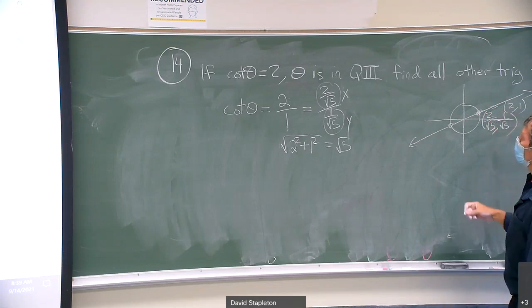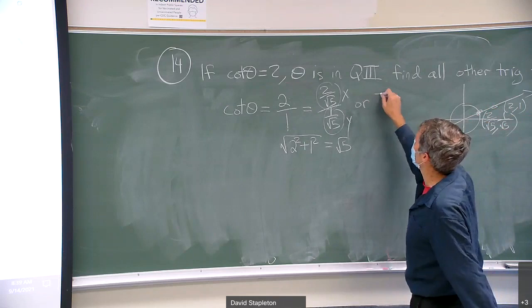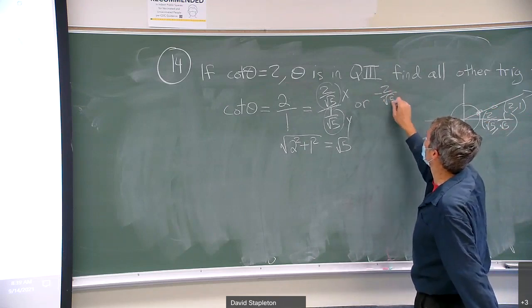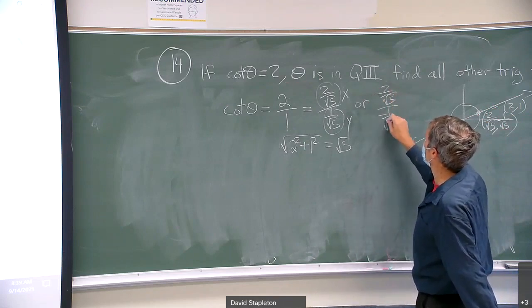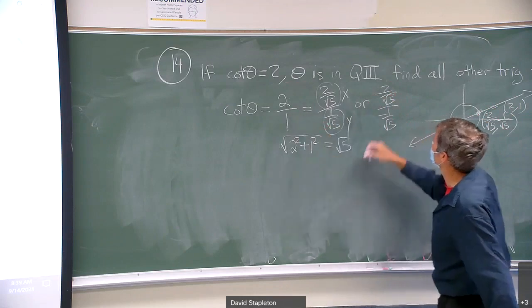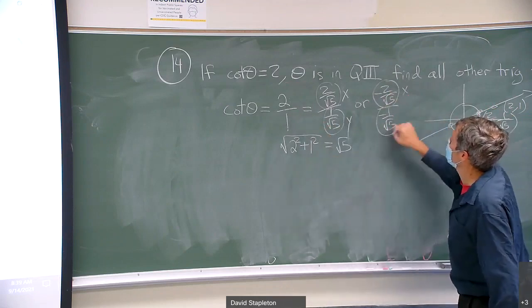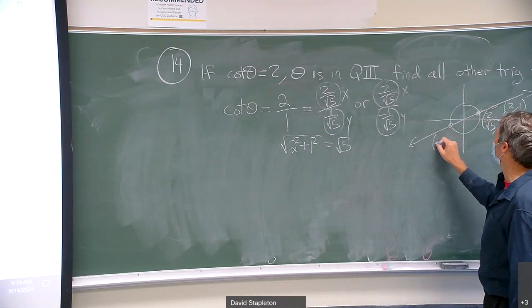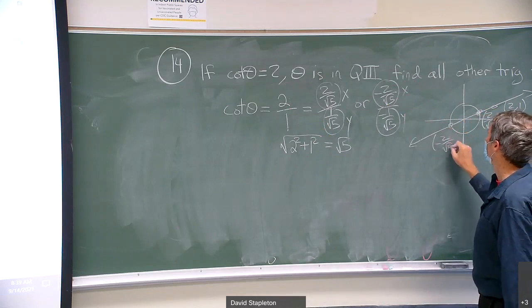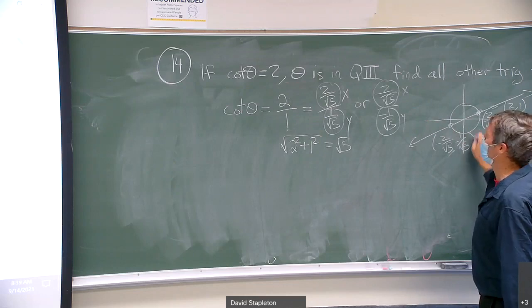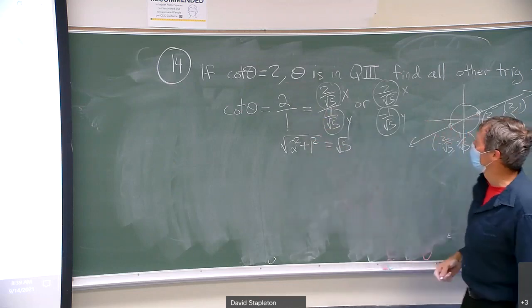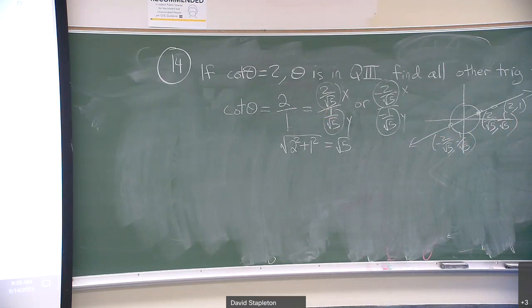Or you can get the same ratio by taking the negative of each of these. Minus 2 over square root of 5, minus 1 over square root of 5. It still has cotangent equal to 2. And this could be the x coordinate, and this could be the y coordinate. You find the 2 points on the unit circle that are in ratio 2 to 1 when you take x over y. And there they are, and that's it.